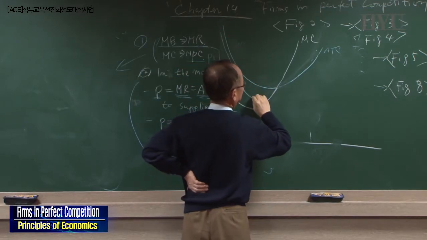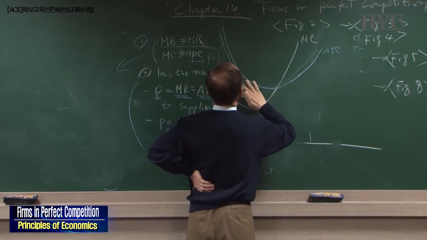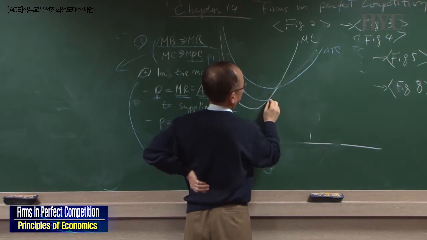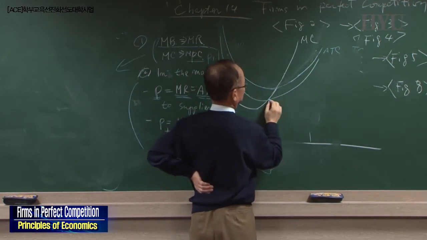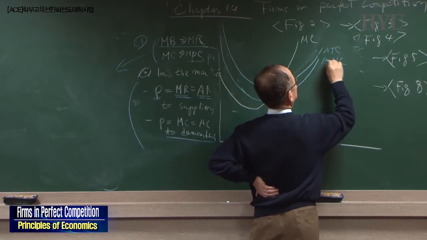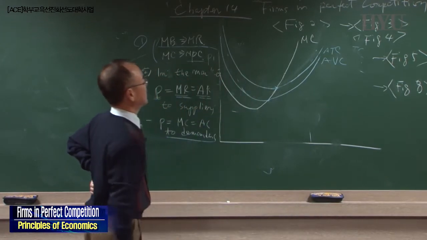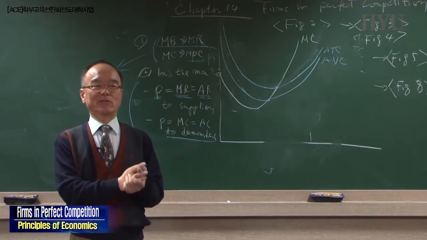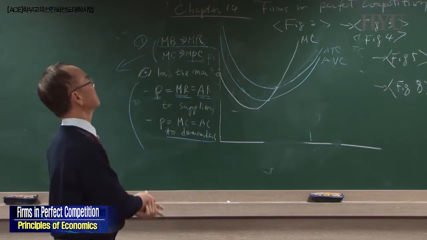Now we have AVC. Two of them should turn around here, with the minimum right here. AVC. Now evaluate the result of our optimum decision.